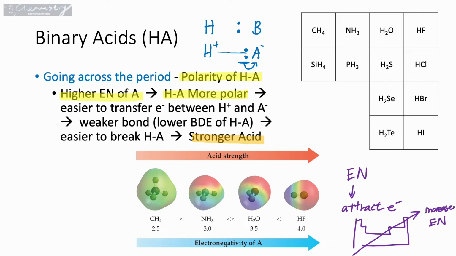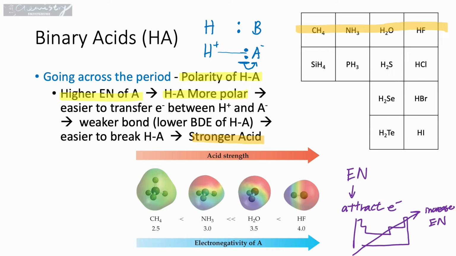So coming back to our periodic table trend, over here we're comparing across the periodic table: CH4, NH3, H2O, and HF. It's these four.